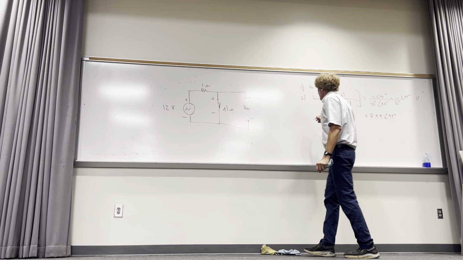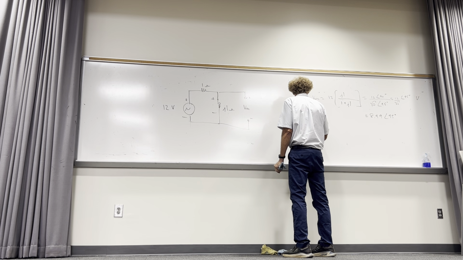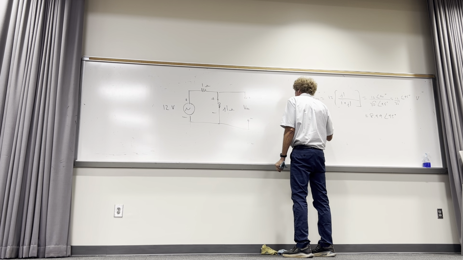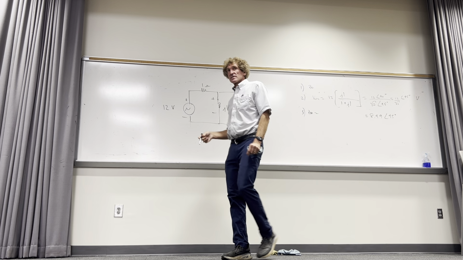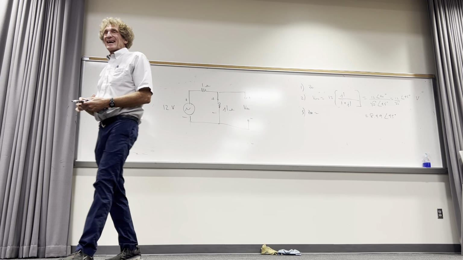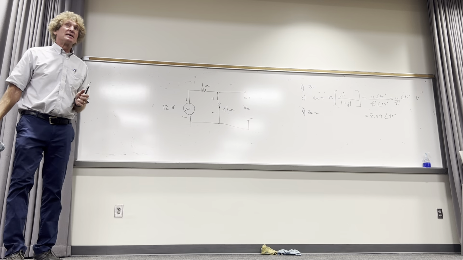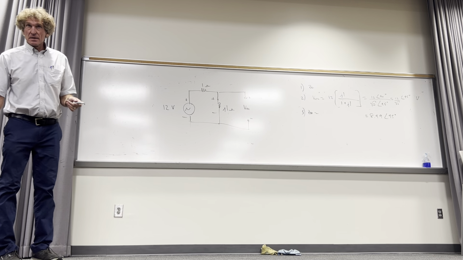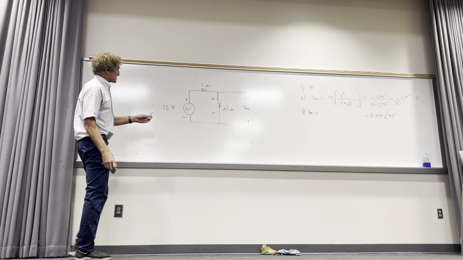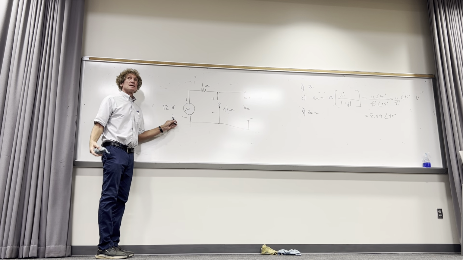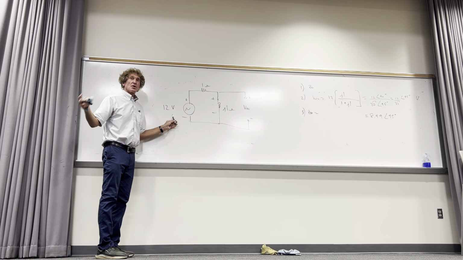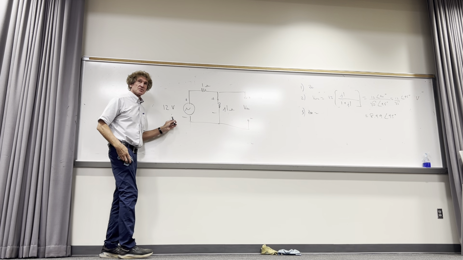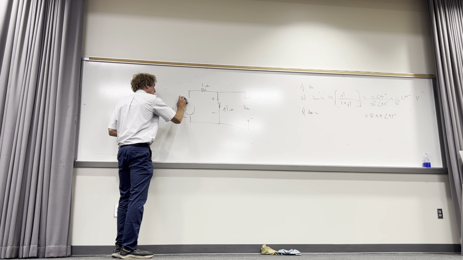All right. The next thing is, what do we need now? Z Thevenin, which will be my equivalent source. So what do we do next, class? What do we have to do with this 12-volt source? You turn it off, make it a short, right? It's a voltage source, becomes a short circuit.